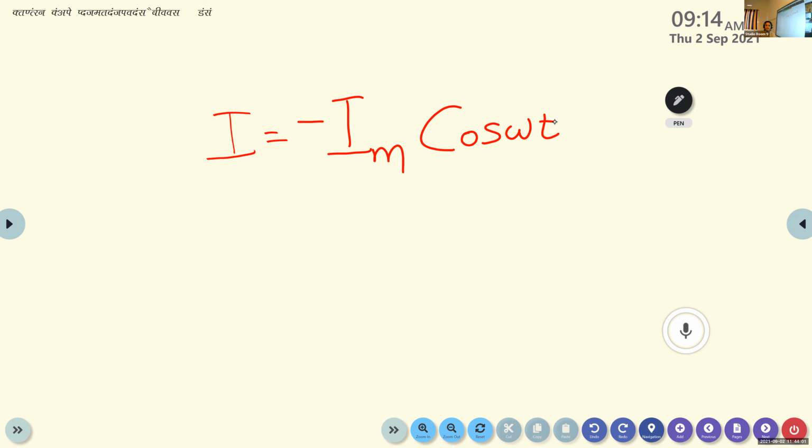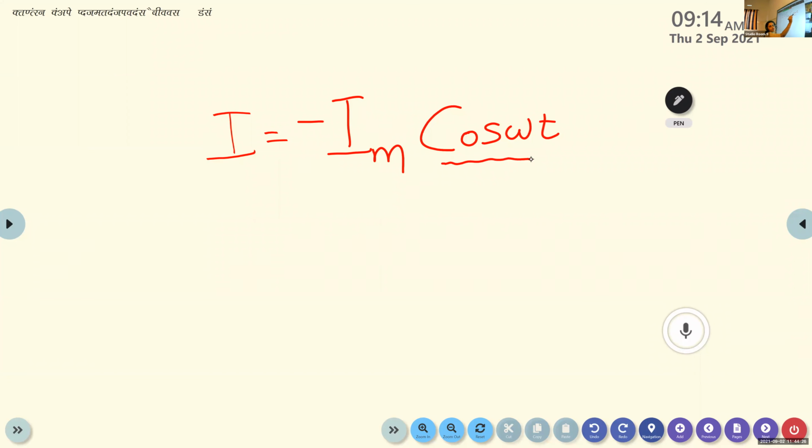And here we know that alternating currents are those currents that vary like a sine function with respect to time. But here it varies in terms of cos function. Instead of sine function, here we get I is equal to minus Im cos omega t.